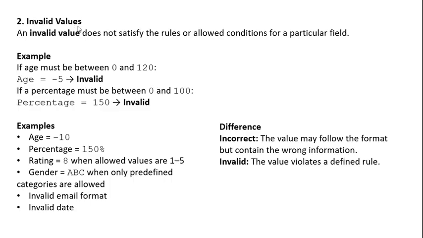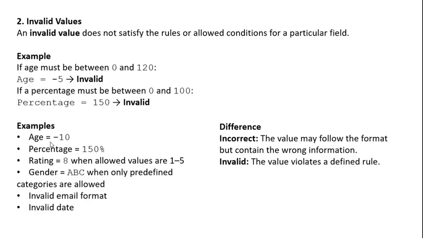Second is invalid values. Invalid values do not satisfy the rules or allowed conditions for a particular field. For example, age must be between 0 and 120, so an age of -5 is invalid. A percentage must be between 0 and 100, so 150 is invalid.